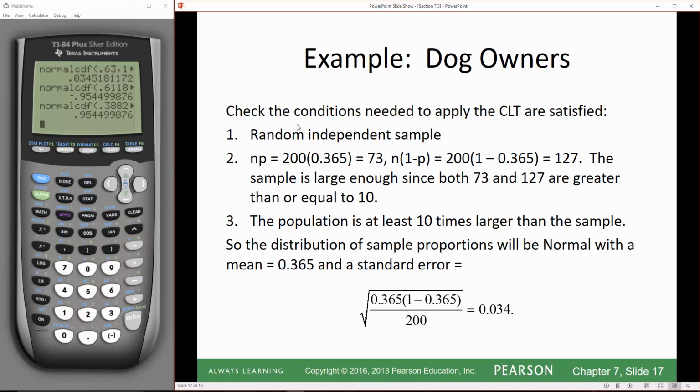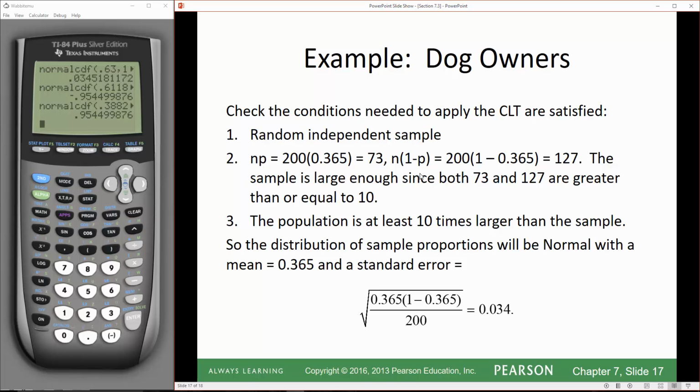First of all, of course, we need to check the conditions. Number one, we have a random independent sample, so we're good there. If I take n times p and n times q, I'm getting results much bigger than 10, so we're good there. And my sample size is 200.